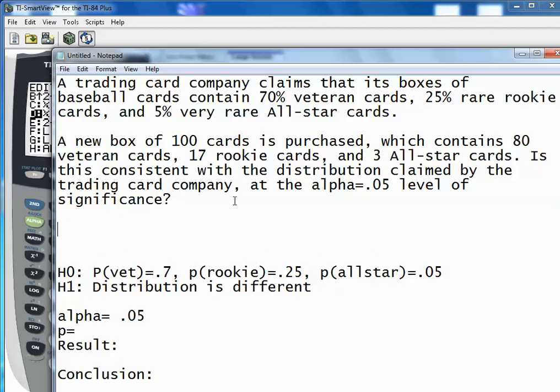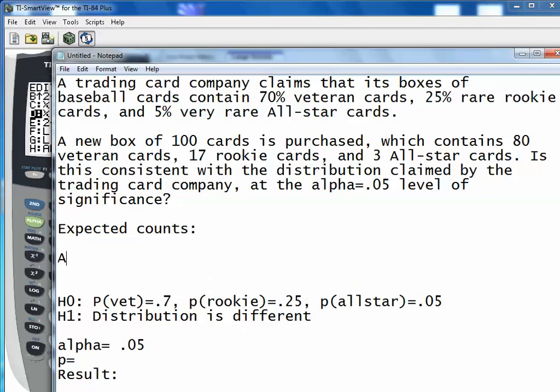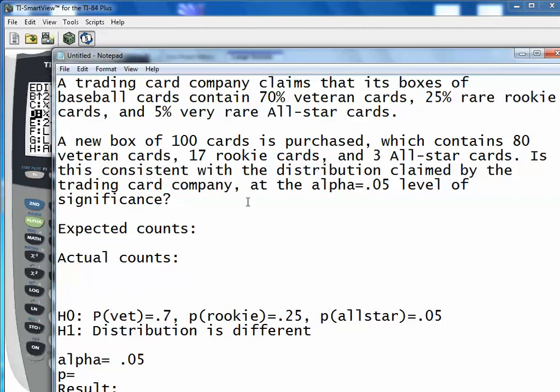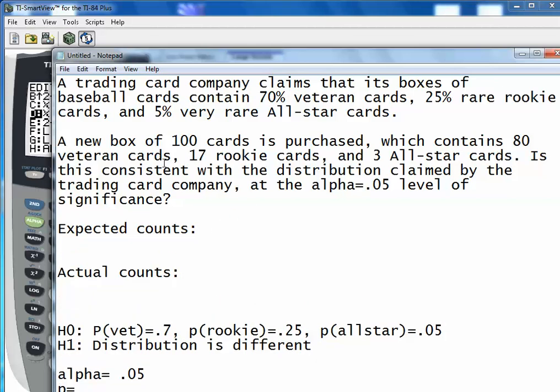So what we're going to compare is our expected counts and our actual counts. Our expected counts are, we bought 100 cards. Out of those 100 cards, assuming this distribution is true, how many of each of these different categories of cards should I expect to get?